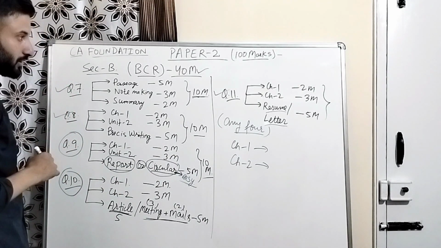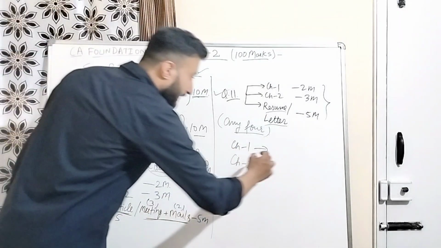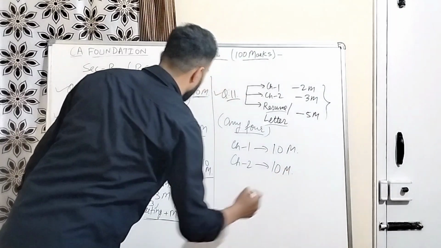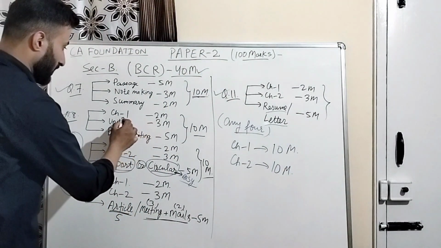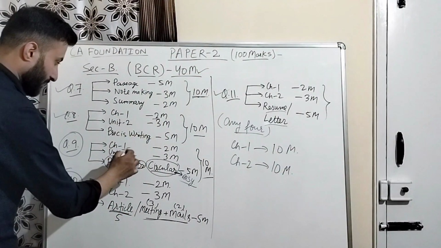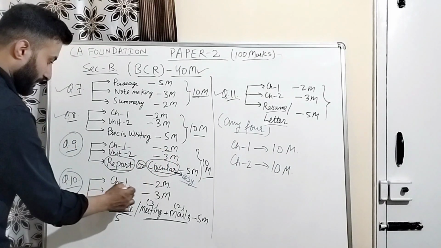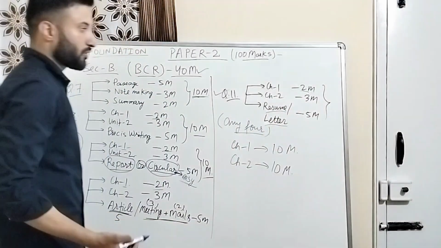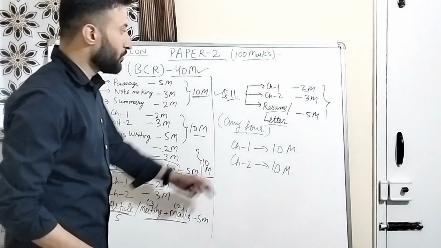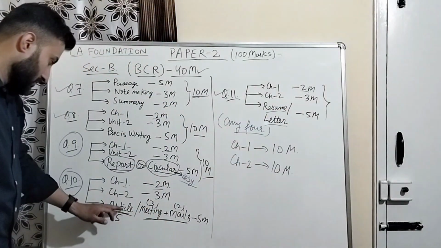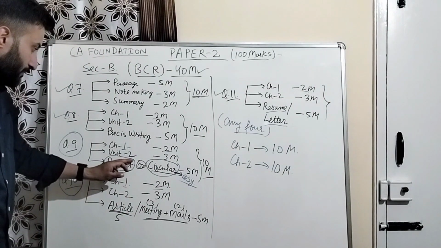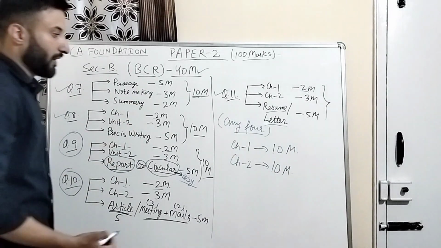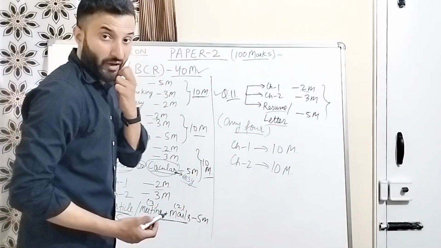You can see for chapter number 1: 2 marks, 4 marks, 6 marks, 8 marks. For chapter number 2: 3 marks, 6 marks, 9 marks, 12 marks. So almost 20 marks.